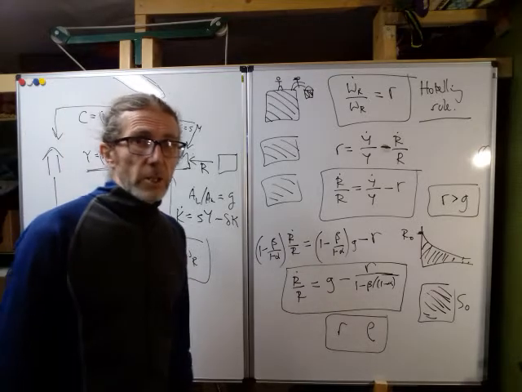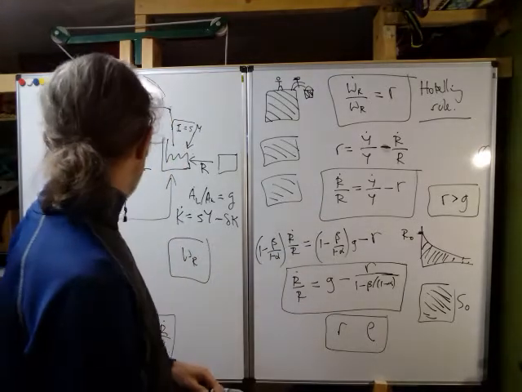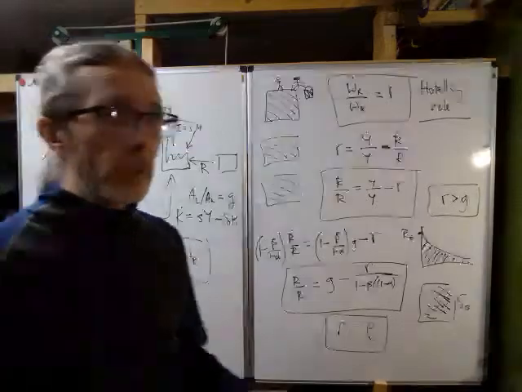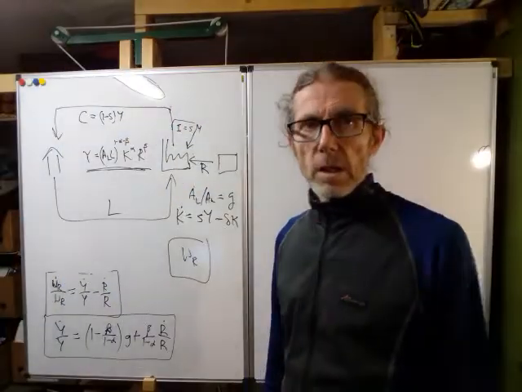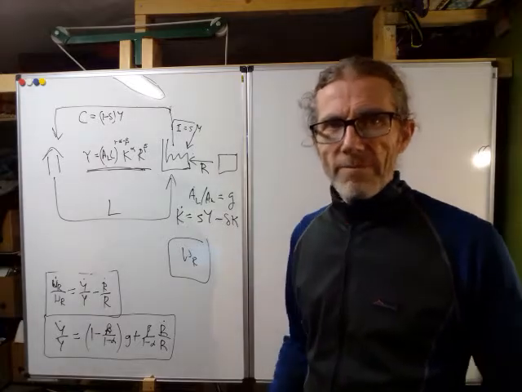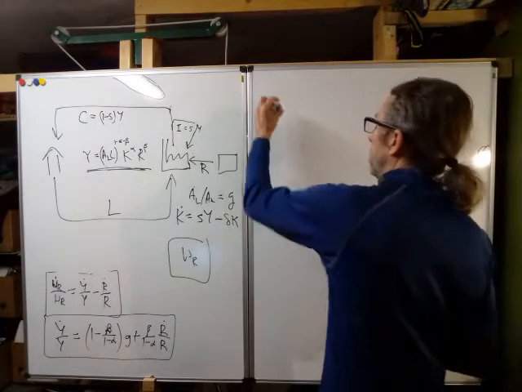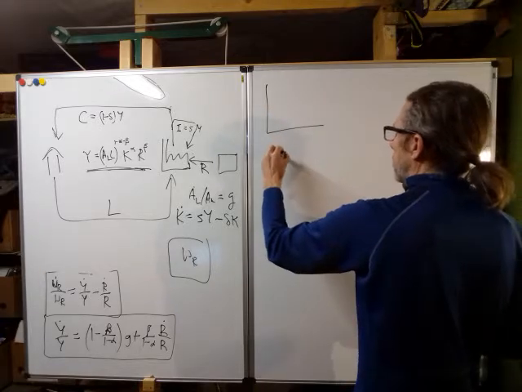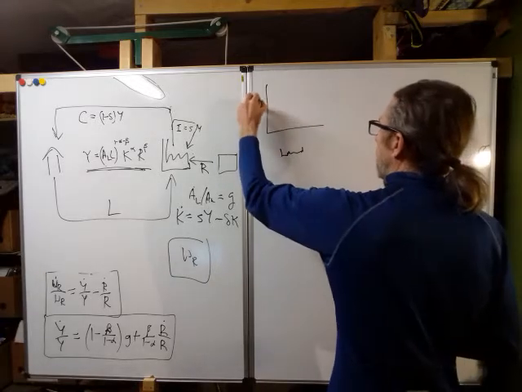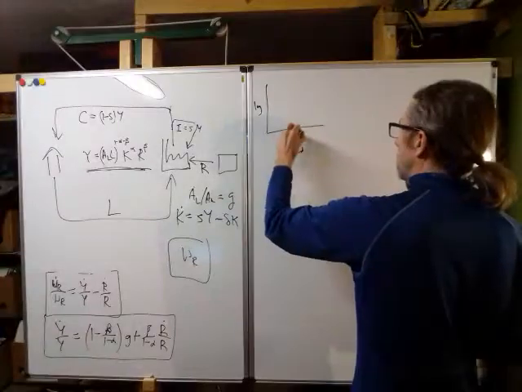So what does the historical data show? I'm going to pause the video and clean up the board here. Okay, so what does the data show? Well, what do the models show? Log scale time.